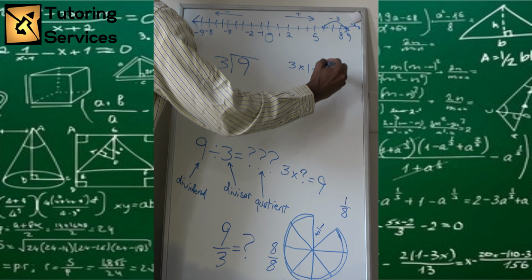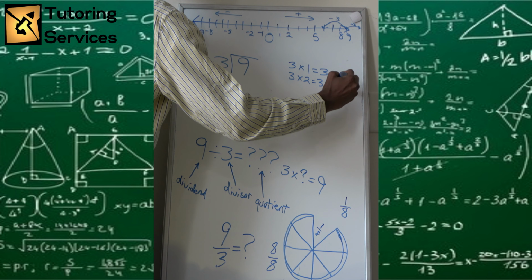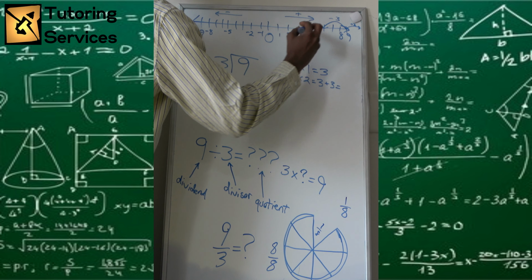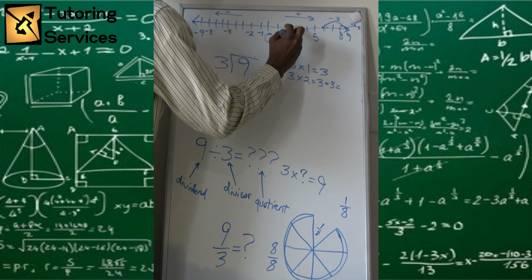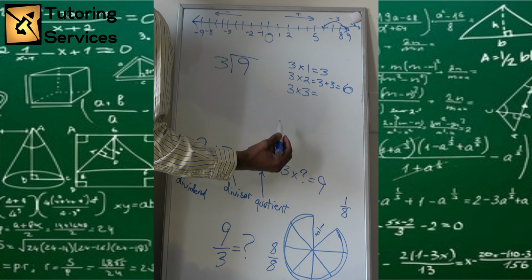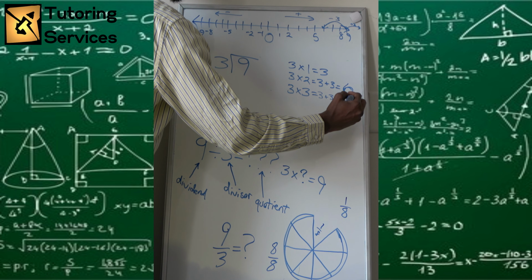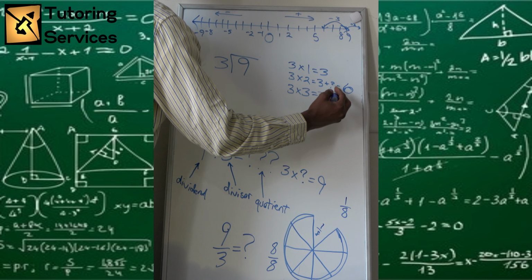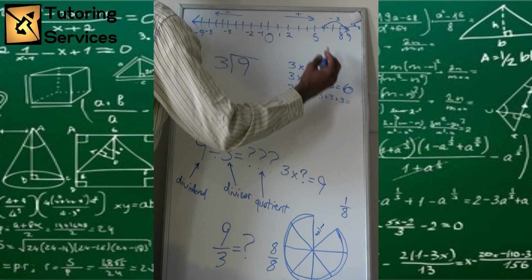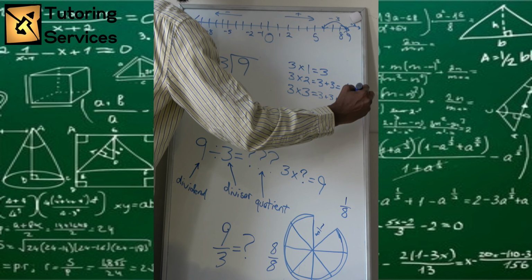That's just 3 one time. What's 3 times 2? That's 3 two times, which we know equals 6. What is 3 times 3? Well, 3 plus 3 is 6, and then plus another 3 is 9. So 3 times 3 is 9.